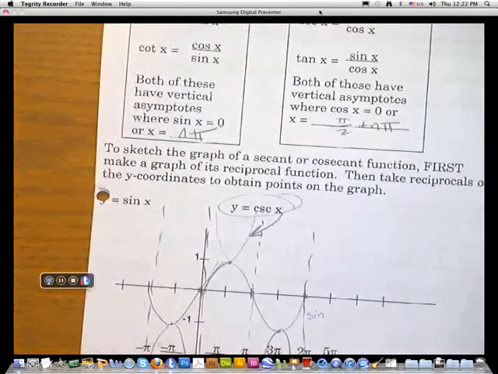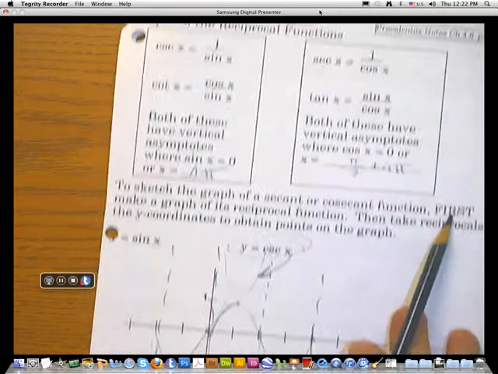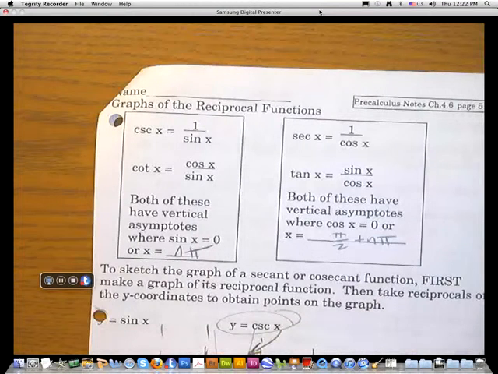All right, cosecant and secant. Cosecant and secant are reciprocals of our sine and our cosine. So their graphs are going to somewhat be based on the graph of sine and cosine. They have asymptotes just like tangent and cotangent do.